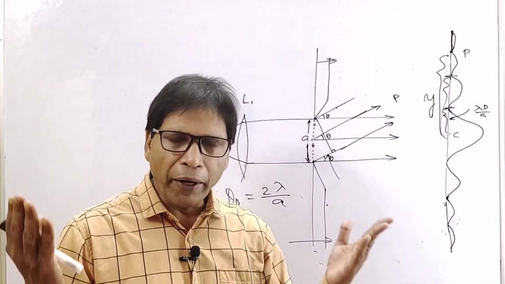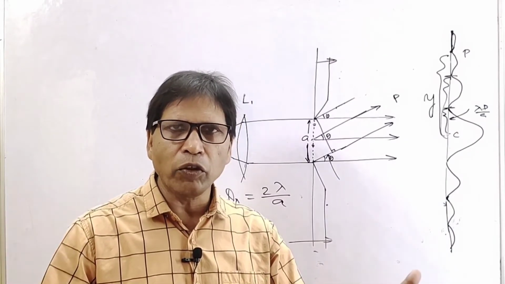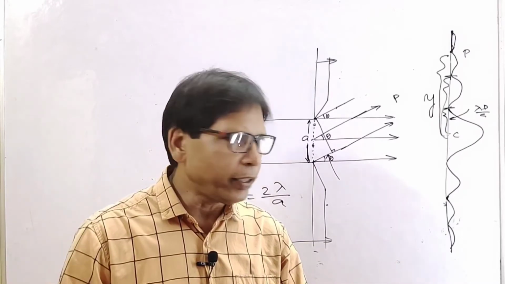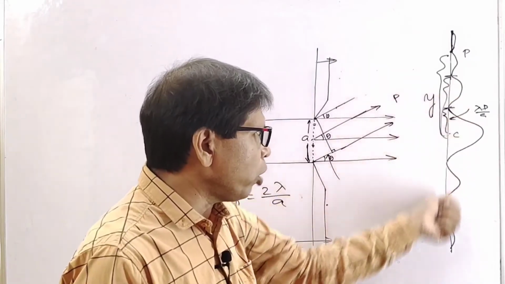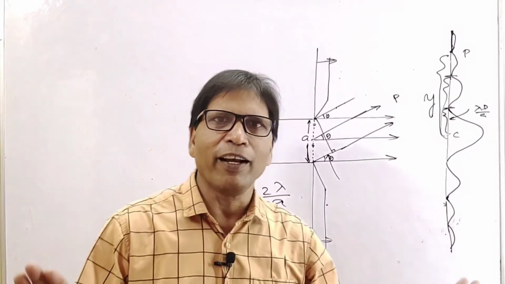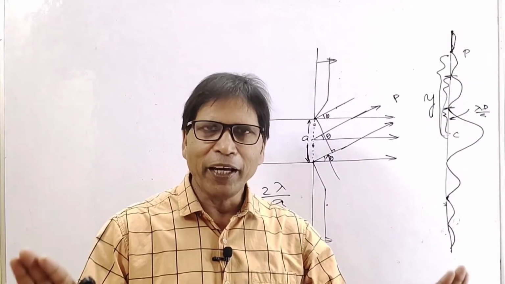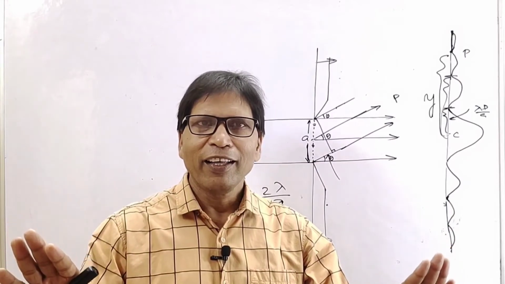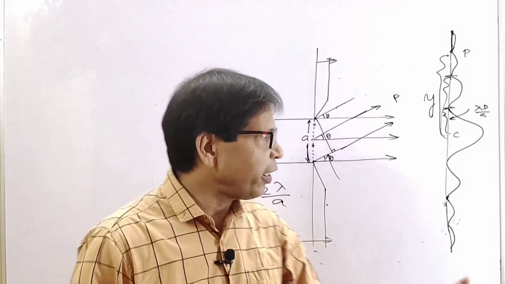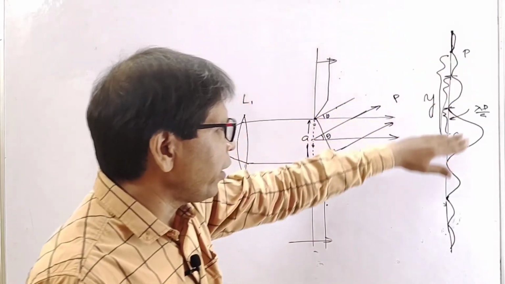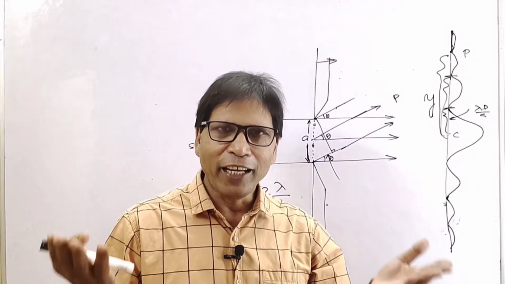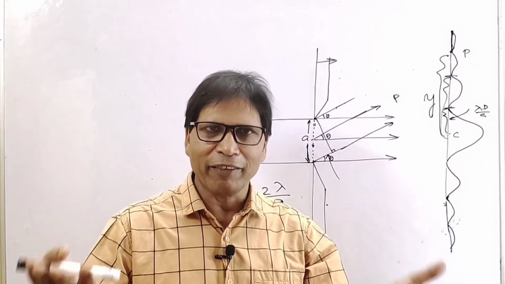Okay. From our discussion, we can distinguish between diffraction and interference. In diffraction, the widths of bright bands are not equal, but in interference, the widths of bright bands may be equal. The intensity of bright bands in a diffraction pattern is not equal, but in interference, the intensities of bright bands are equal.